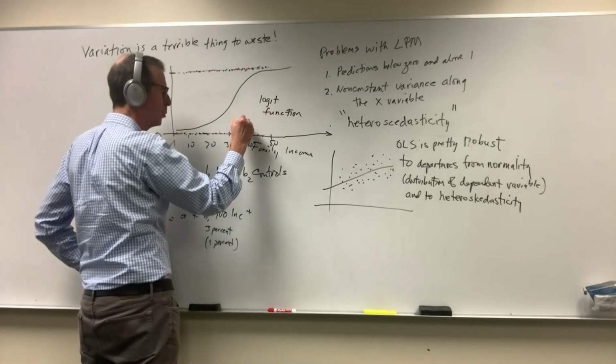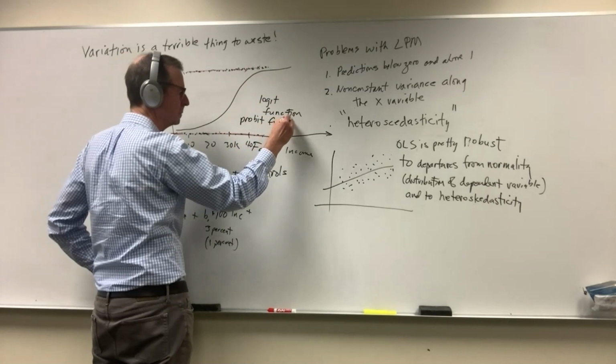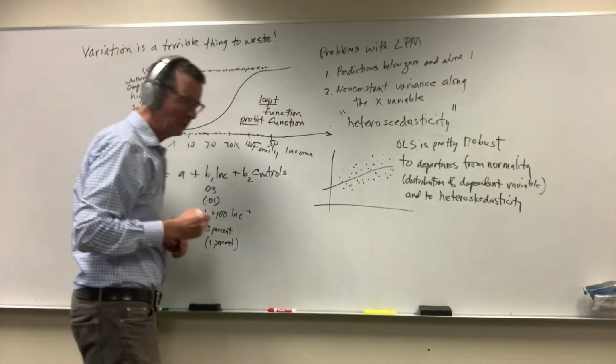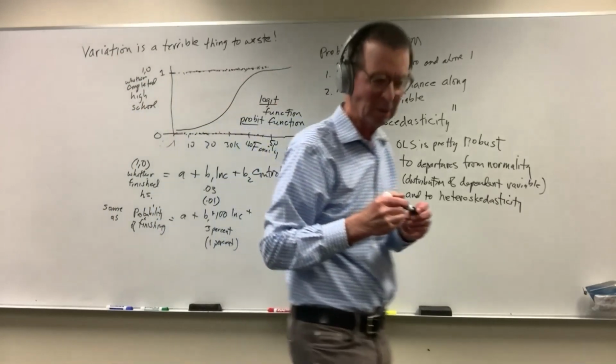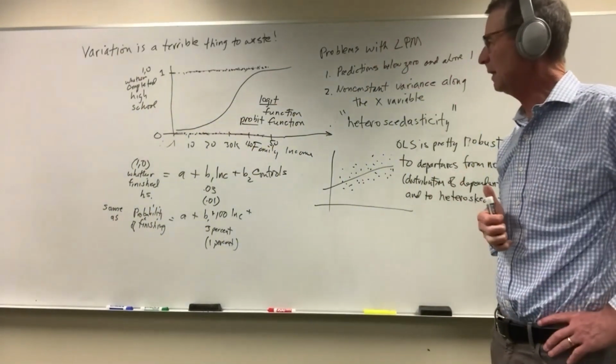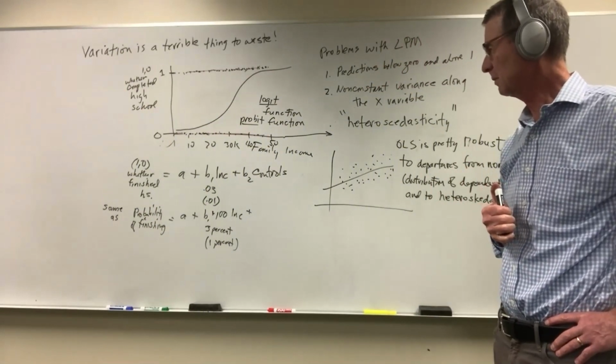Another one is a probit function. People use logit and probit pretty interchangeably. Economists tend to use probits, and education people tend to use logistic regression.